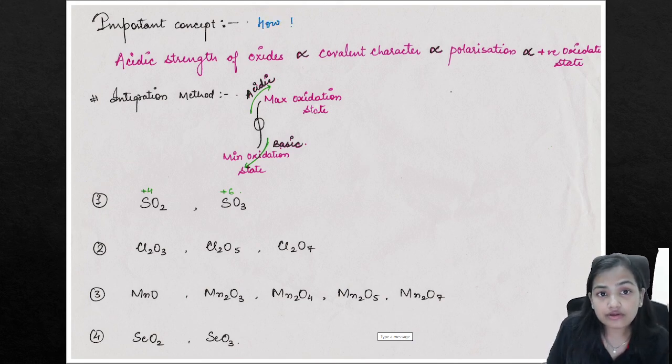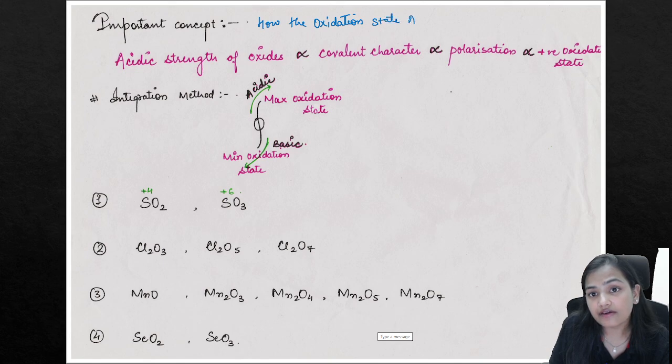Now, how does the oxidation state affect the acidic strength?